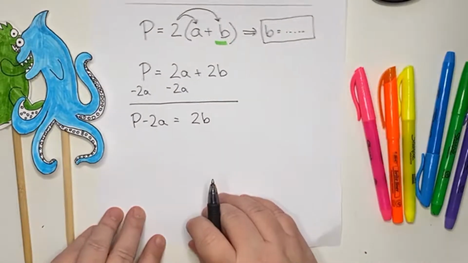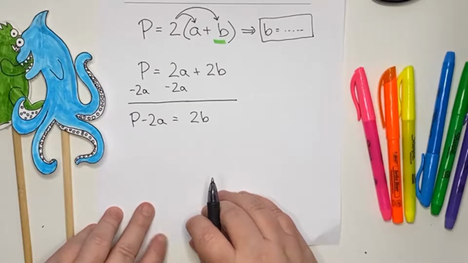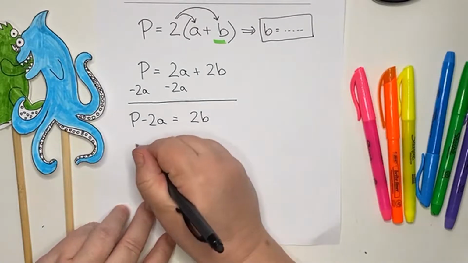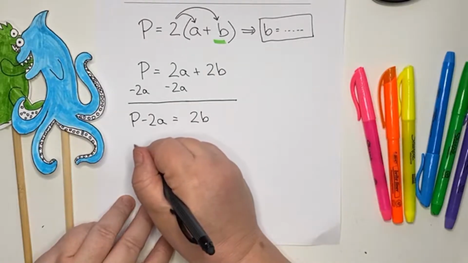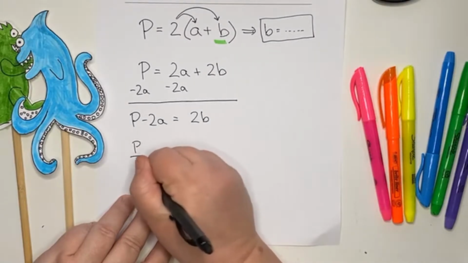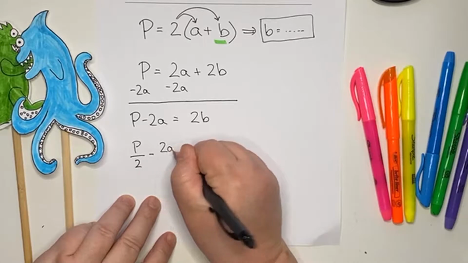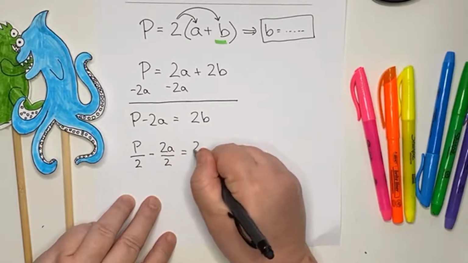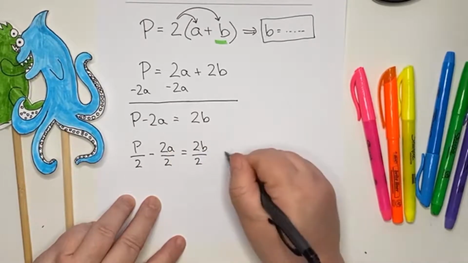And it's up to you which way you do it. So you can say, I'm going to divide everybody by 2. So P over 2 minus 2A over 2 equals 2B over 2.